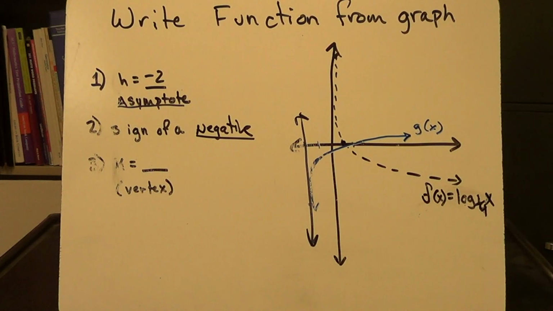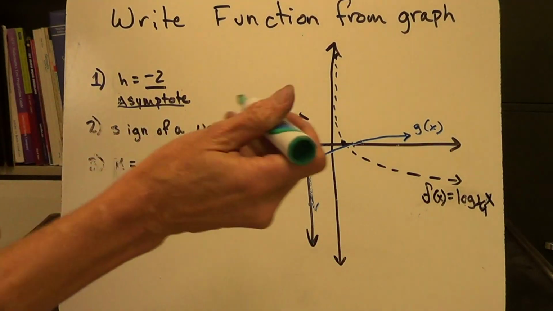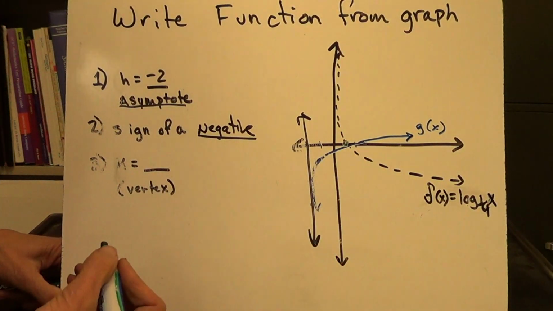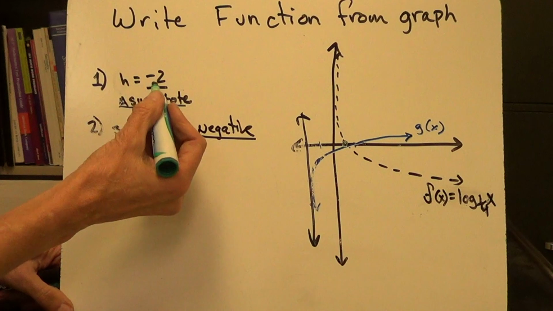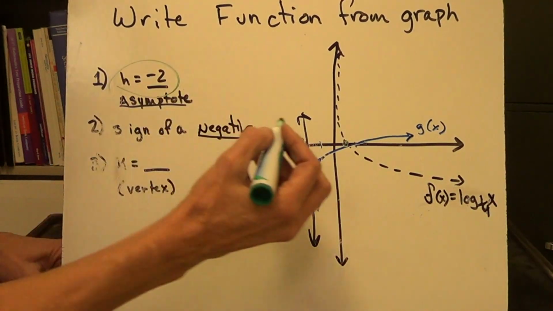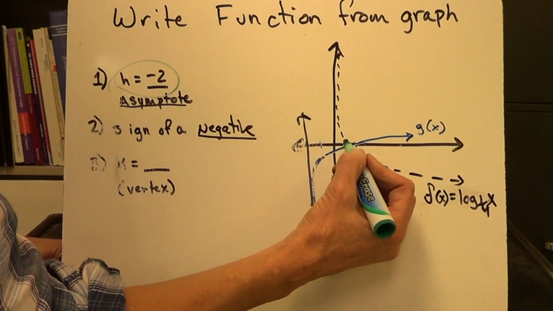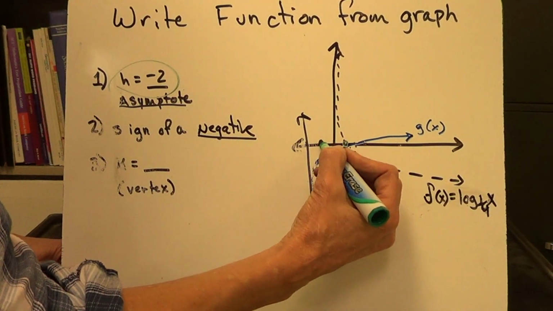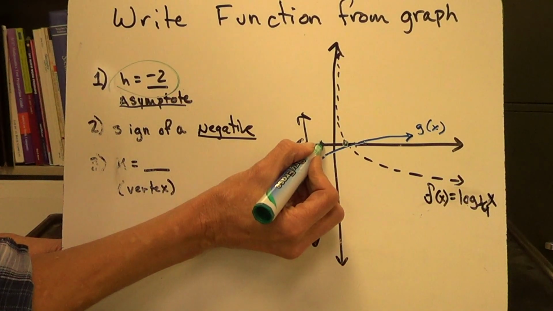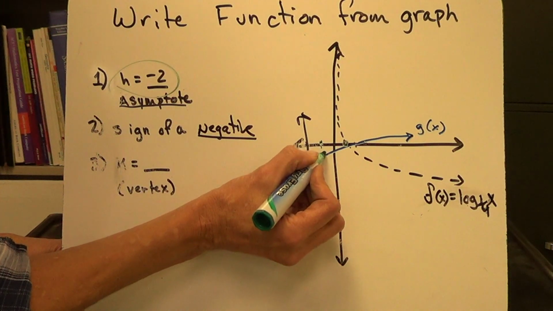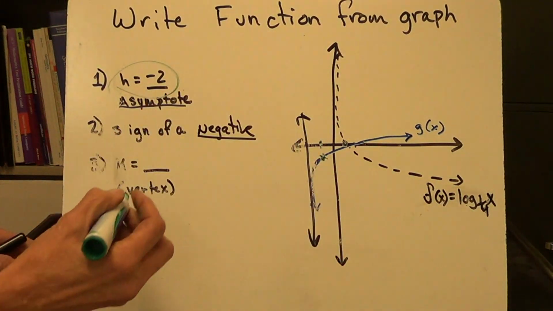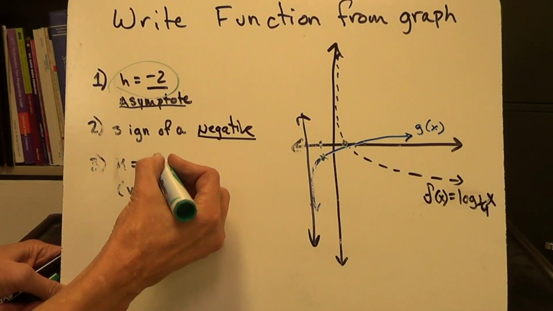Okay, now to look at the K, here's what I do, is I spot where my vertex is in my parent function, the 0, 1. And now I adjust for my asymptote, my H value of 2. So I said down, but it's really to the left, so it's 1, 2, and so there is my shift down, and I see that it crosses right here at -1 on the K, so -1.